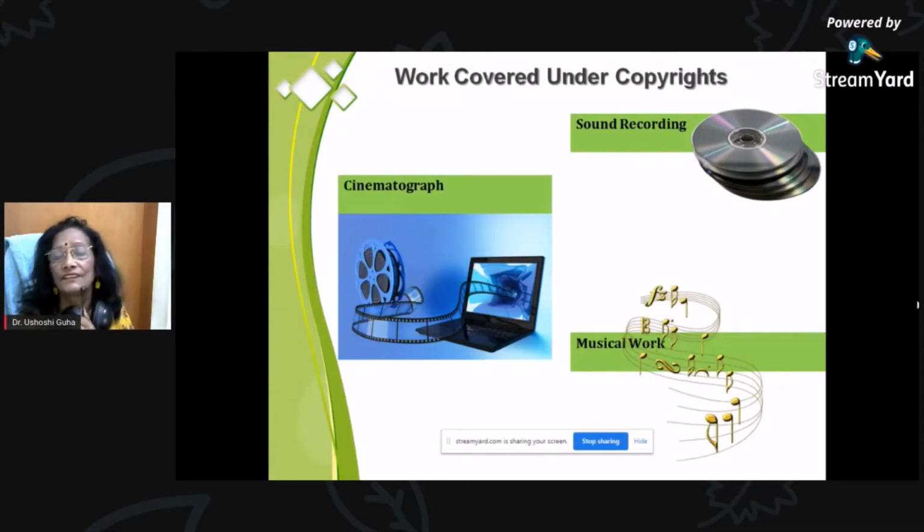Then only it goes under the credit of the creator, because the creator first prepares the notations and then it is performed. That is why only performance doesn't contain any copyright, but notations with the performance carry the copyright.